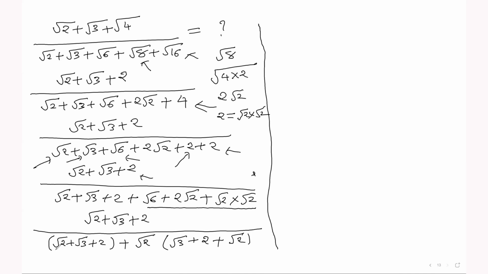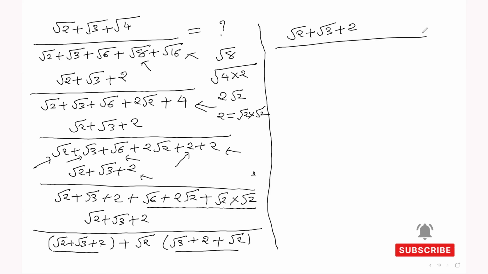Now we can see this part and this part are exactly the same. Root 2 plus root 3 plus 2. Root 2 plus root 3 plus 2. Yeah, just the order is different, but the same thing. So the next step we can write down is root 2 plus root 3 plus 2, everything over.